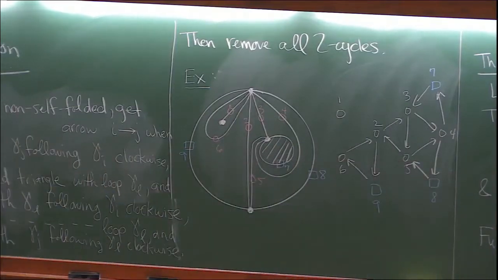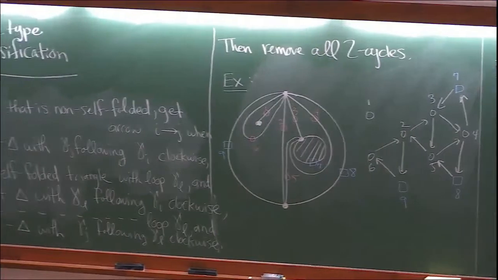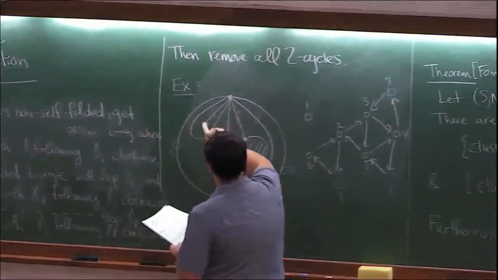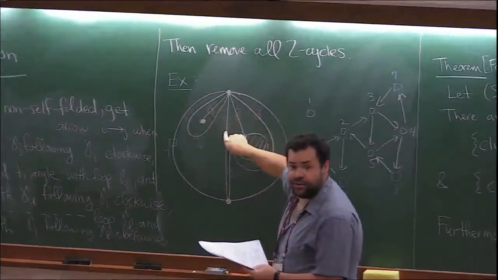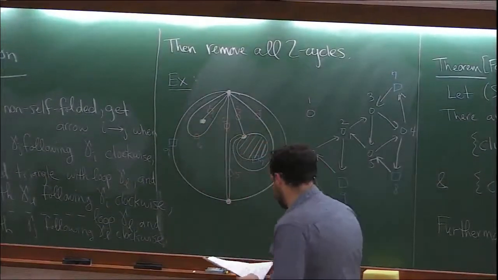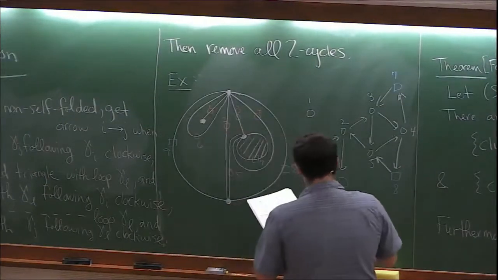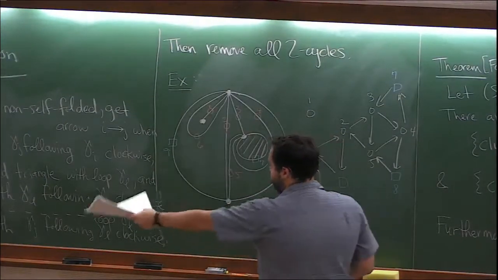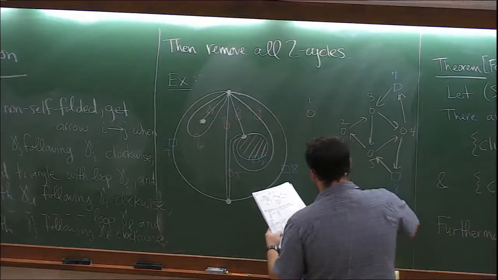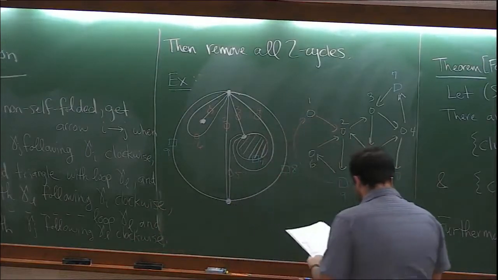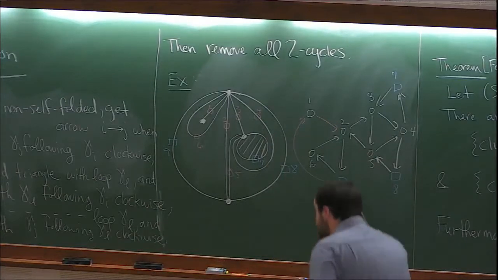And part B and part C each give me an arrow. So one of the arrows goes from 9 to 1, and one of the arrows goes from 1 to 2. So I'll draw these in a different color just to remind you that these are the ones that come from conditions B and C. Okay? So this is the picture that I get.